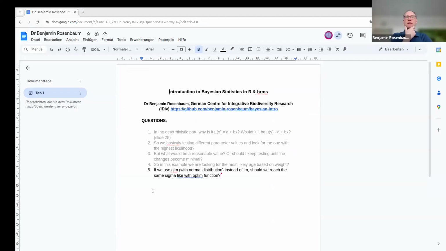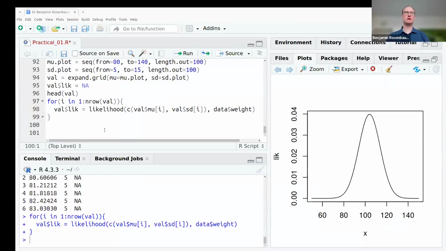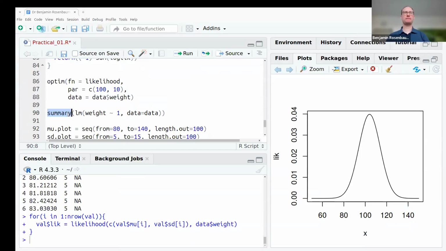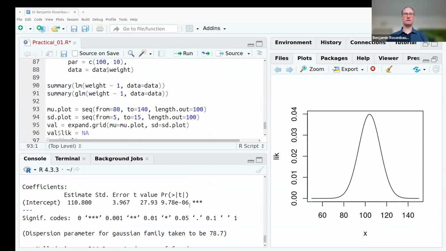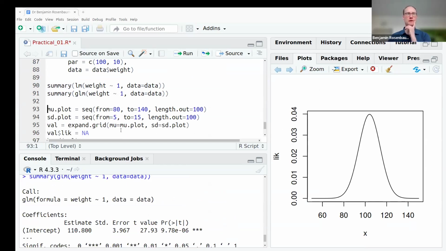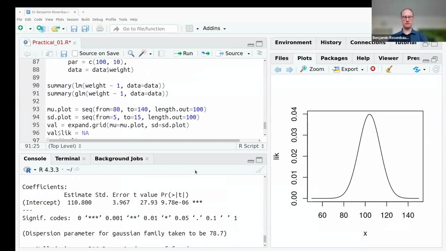Question is, if we use GLM with normal distribution instead of LM, should we reach the same sigma as with the optim function? I actually don't know. I can try. I guess so. I think if you just use it like this, yeah, I think we have to tell it the family.